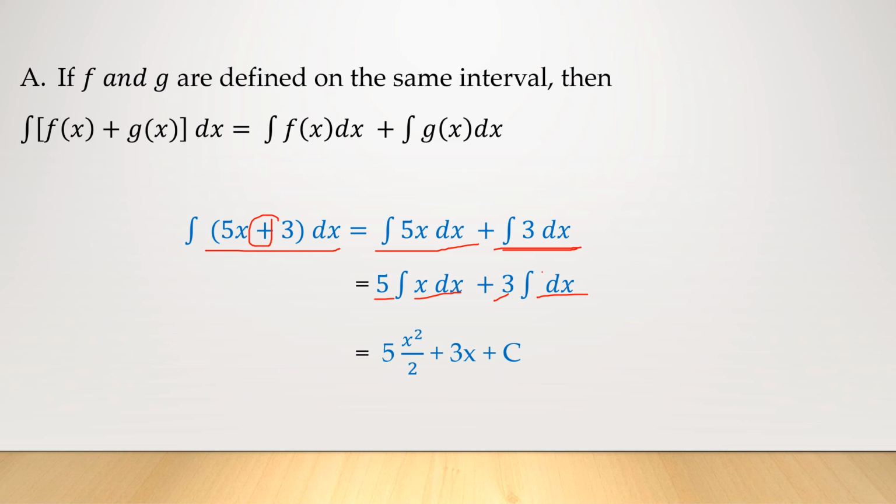But then again, alam natin may 1 yan. So, then we're going to apply the other theorems kung saan yung exponent ng x, i-add natin by 1. So, there you go. We have x squared all over 2. Then, of course, this one is equivalent to 3x. And, of course, don't forget the plus c.